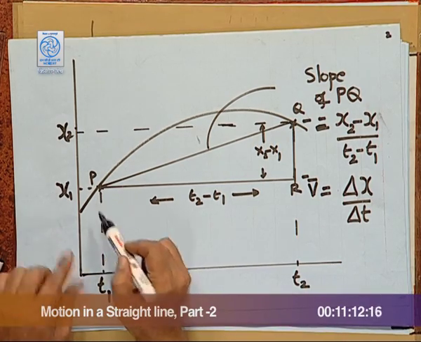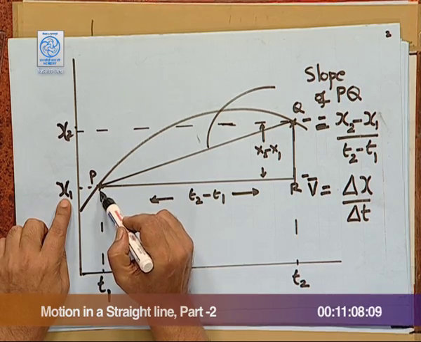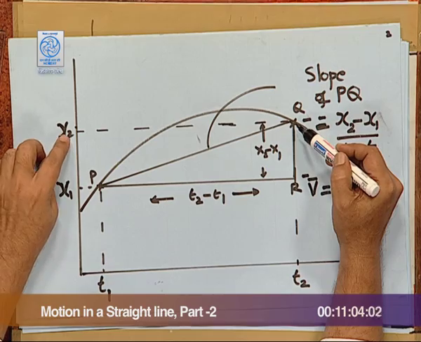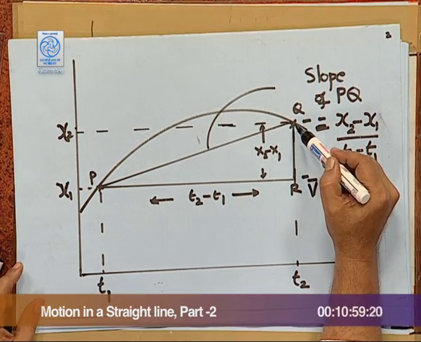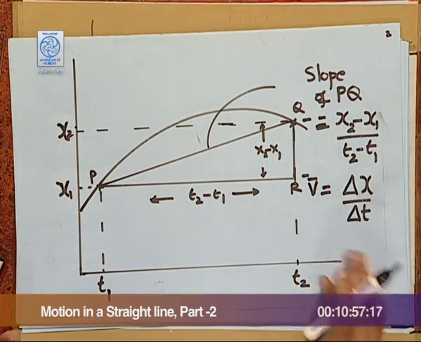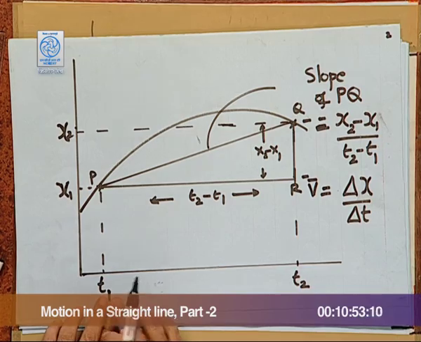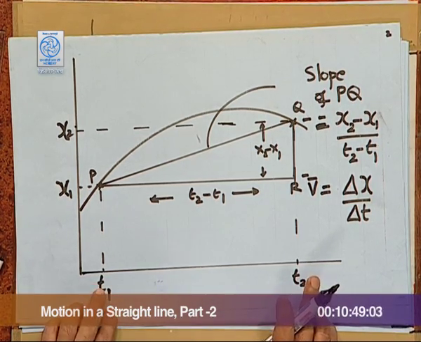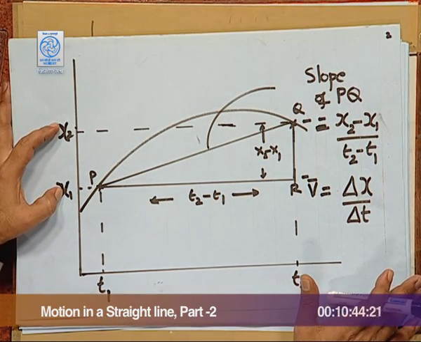Let us look at some portion of the graph which I am indicating here. At time t1, the position coordinate is x1. At time t2, the position coordinate is x2. The positions are indicated as P and Q in this graph. It means that in the time interval from t1 to t2, the position has changed from x1 to x2.